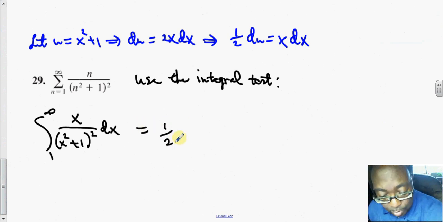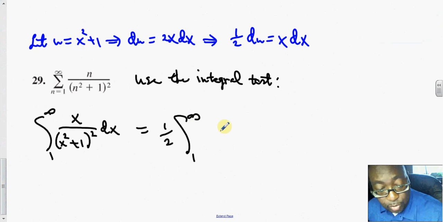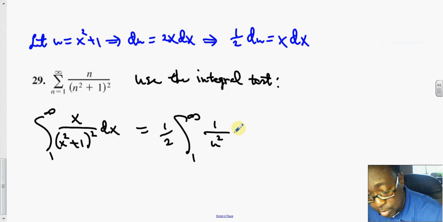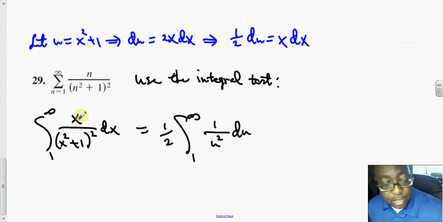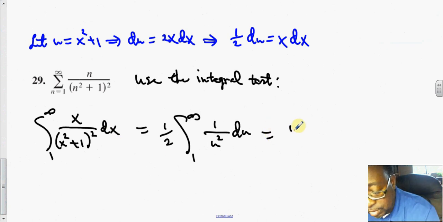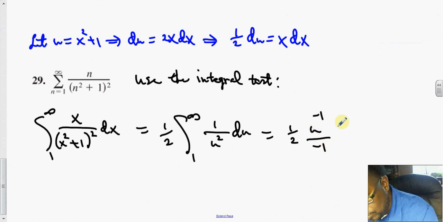So we get here 1/2 times the integral from 1 to infinity. I'm going to represent this using u du now. So this is 1 over u squared du. 1/2 du picks up the x dx, right? And then this is u squared. So this gives us 1/2 times, take the integral, u to the -2 plus 1 is -1 all over -1, evaluated from 1 to infinity.